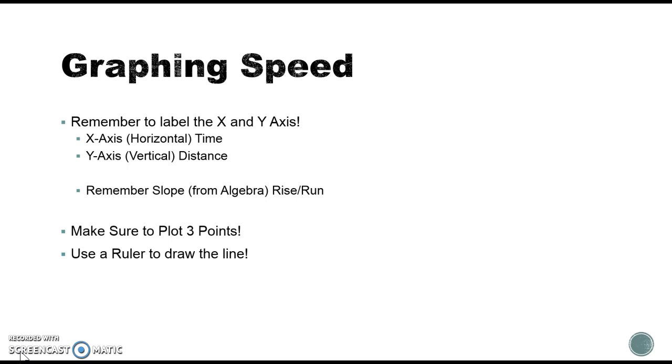I have had people ask the question if you're supposed to have arrows on the end of your lines. That doesn't matter to me as much with science. I just want to know that you are able to plot these points. And looking at this speed and how speed will continue to increase as you go along with time, that you would cover more distance as more time allows.